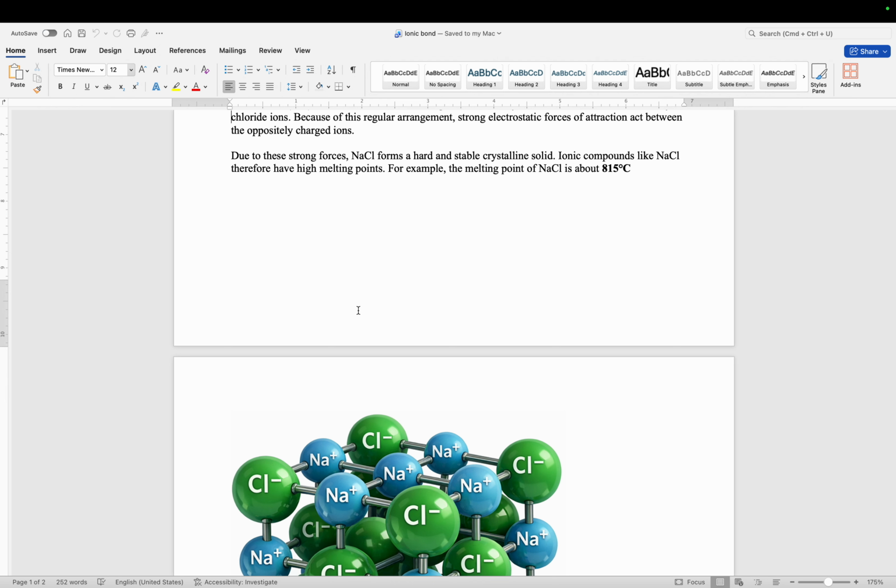Even in the liquid state of an ionic compound, ions are free, and these ions are charge carriers from one pole to another pole. That's why the liquid state and aqueous solution of an ionic compound carry charge. They are good conductors of electricity.